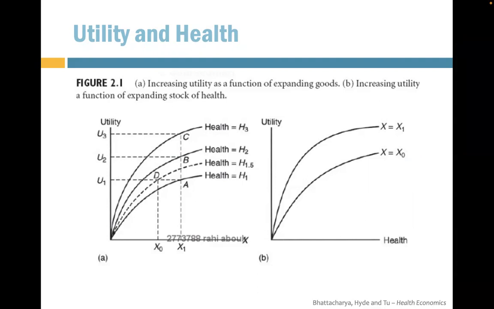If we draw a vertical line, we can see that if we hold the level of health constant, the utility that we get from this level of health is different when the level of consumption in home goods is different. So if we have more home goods, then the same level of health gives us more utility.